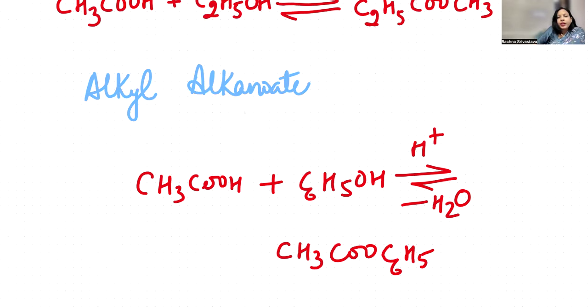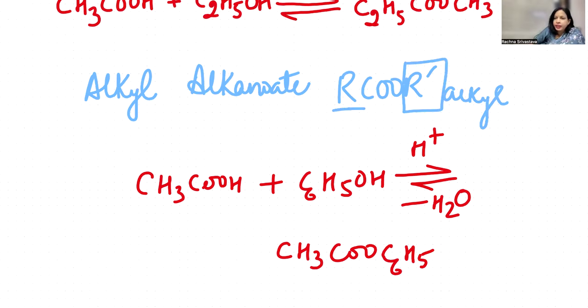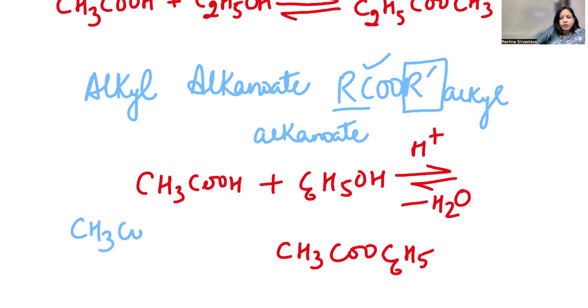The IUPAC name is divided into two words, alkyl and alkanoate. This is your formula. Please remember that whatever we have on the RHS represents the term alkyl, and whatever is present on the left hand side represents the term alkanoate, which also includes the carbon atom present in the formula. So if I have CH3COOC2H5, in common name it will be ethyl acetate because CH3COOH is acetic acid.